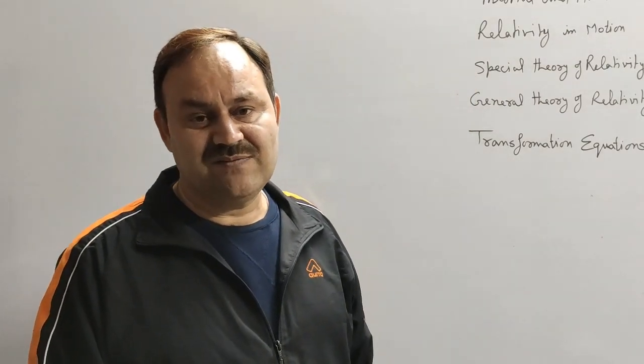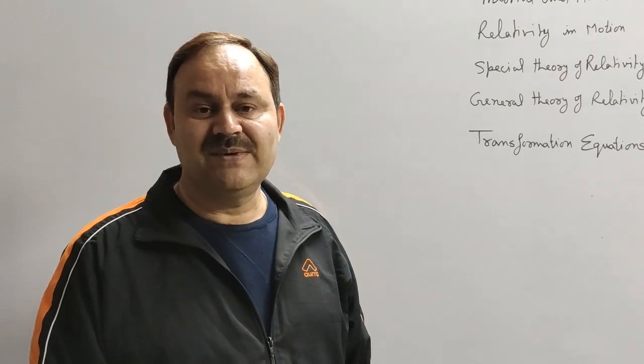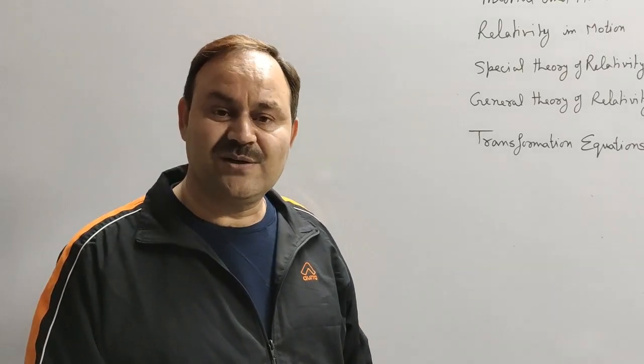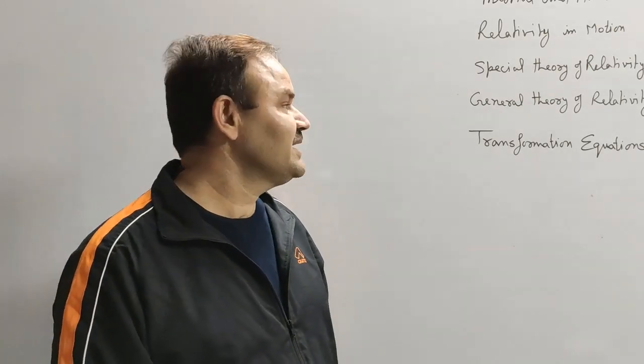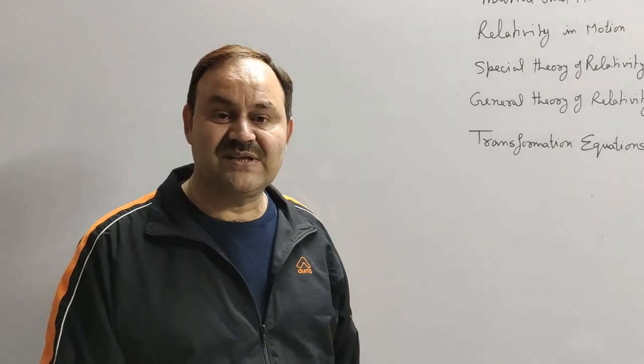Special theory of relativity deals with the motion in inertial frames of reference. It means if observer and object whose motion is to be studied both are in inertial frames of reference, then the theory which will deal the motion of object will be special theory of relativity.